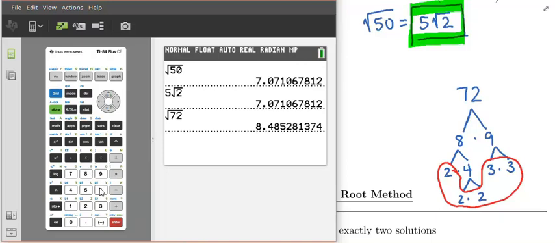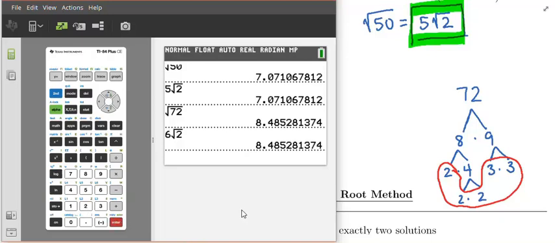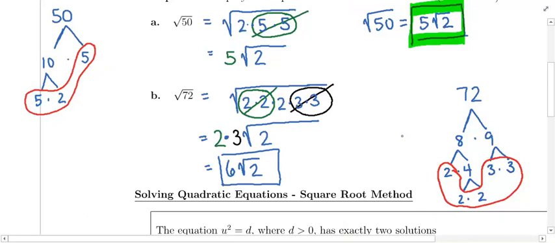And then if you type in its simplified version, which is 6 times the square root of 2, you get the same decimal expansion. So you know they are the same number, but again, 6 times the square root of 2 is considered to be the simplified version. So here is your answer.